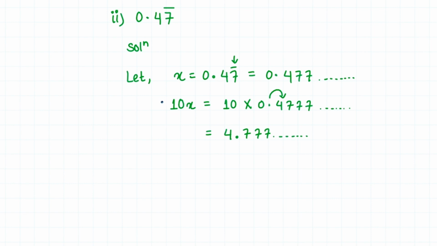Now our next step is to subtract x from 10x. So we have 10x minus x, which is equal to 4.777 minus 0.4777.